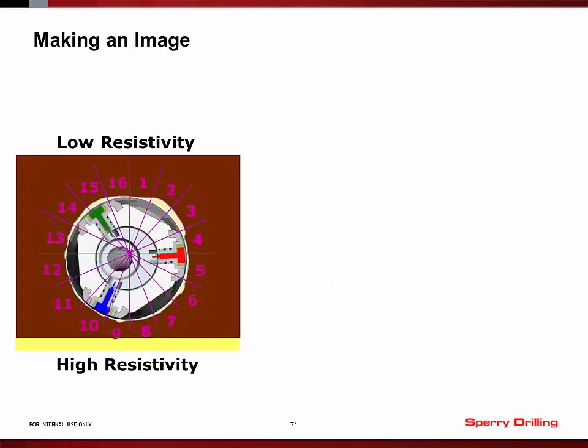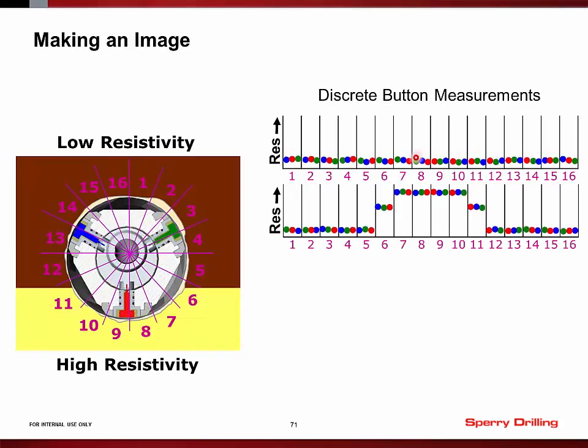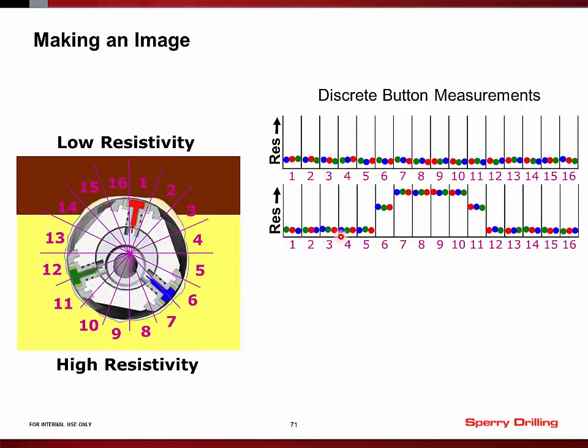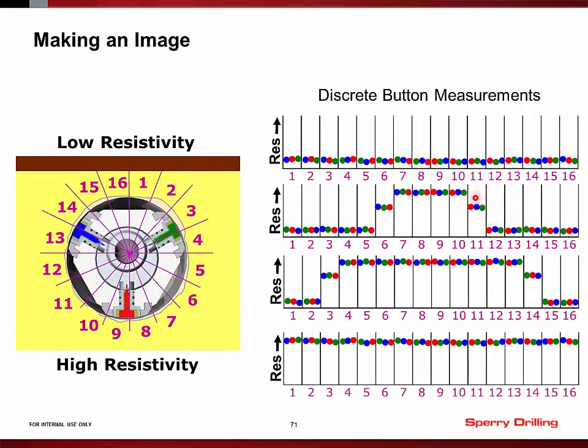So there's the tool spinning, and we get a set of resistivity values in the low resistivity formation. As the tool cuts down through the boundary, some of the bins start to see the higher resistivity formation. As we cut down further, we see more and more of the bins exposed to the high resistivity, until finally all the bins are exposed fully to the high resistivity bed as we've completely crossed the boundary.